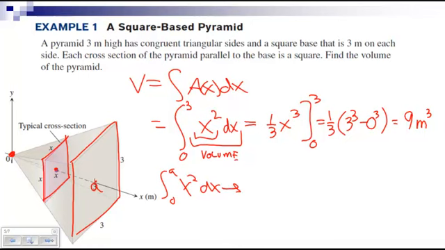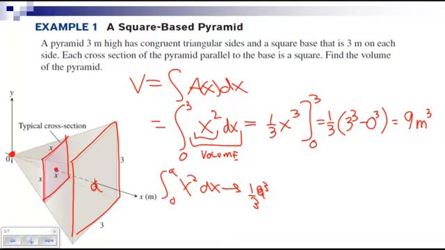And I think you can pretty much see that it's going to end up becoming 1/3 A cubed at the end. So if A is the width of the square base, the volume of the pyramid is 1/3 A cubed. So you remembered the 1/3 part, right?